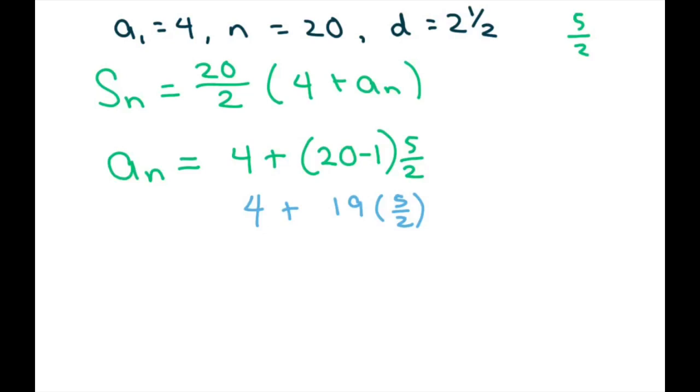So I'm just going to break it down. This is a 4 plus 47.5, which equals 51.5. So now I'm going to change this to 51.5.